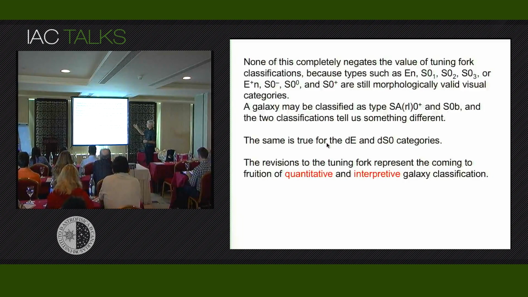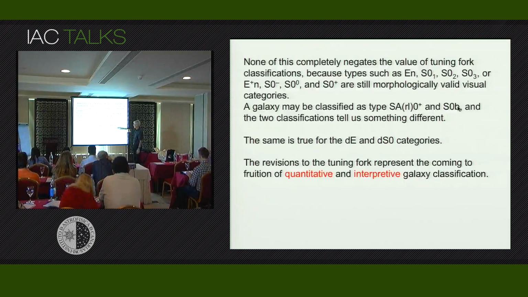Now, I can't go into detail about that. It's just a very interesting aspect of the problem. And I just wanted to say that none of this, as interesting as it is, completely negates the value of the old classifications, because things like E, S0-1, 2, and 3, or E plus, etc., they mean something. They still mean something.